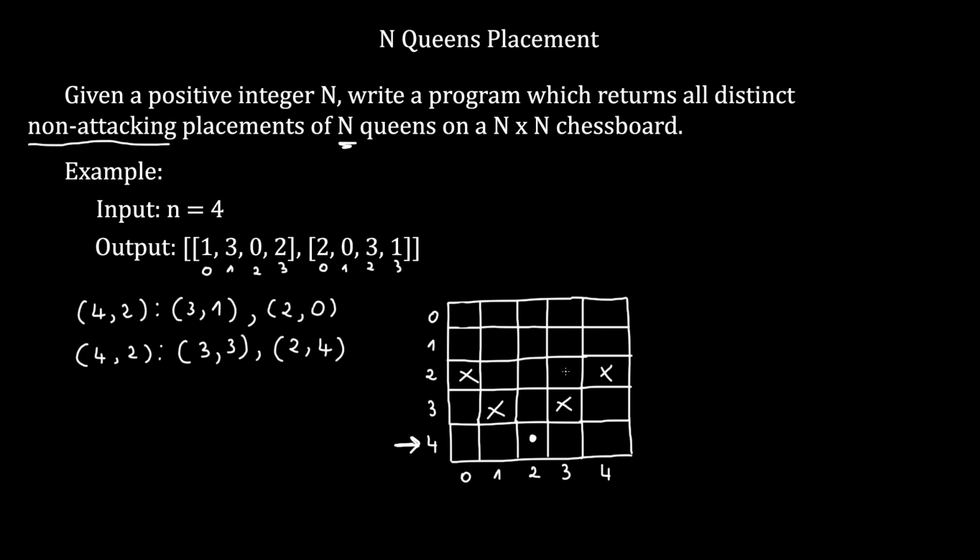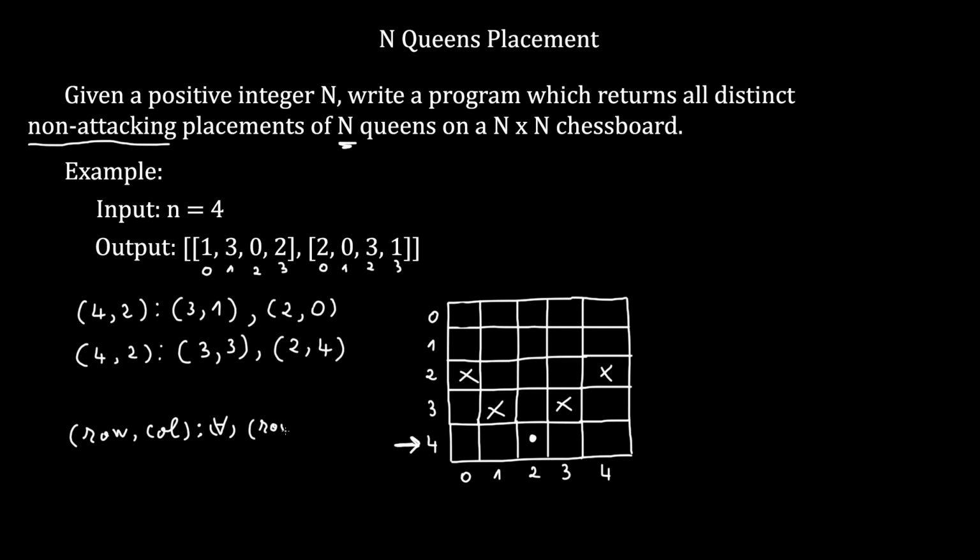So, if I want to place a cell on the row, and the column col, this cell is going to attack each and every other cell, right?